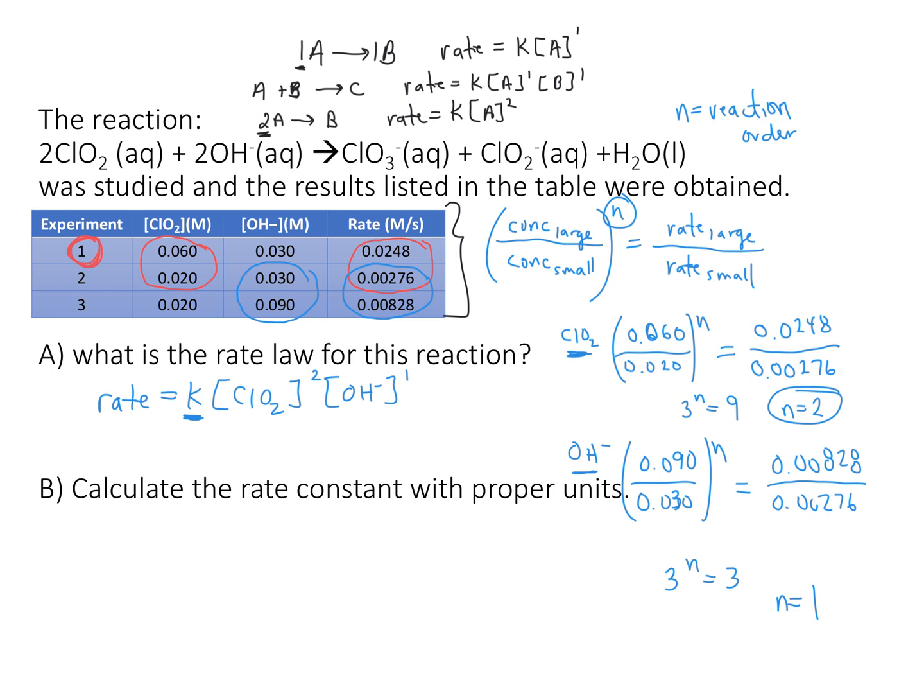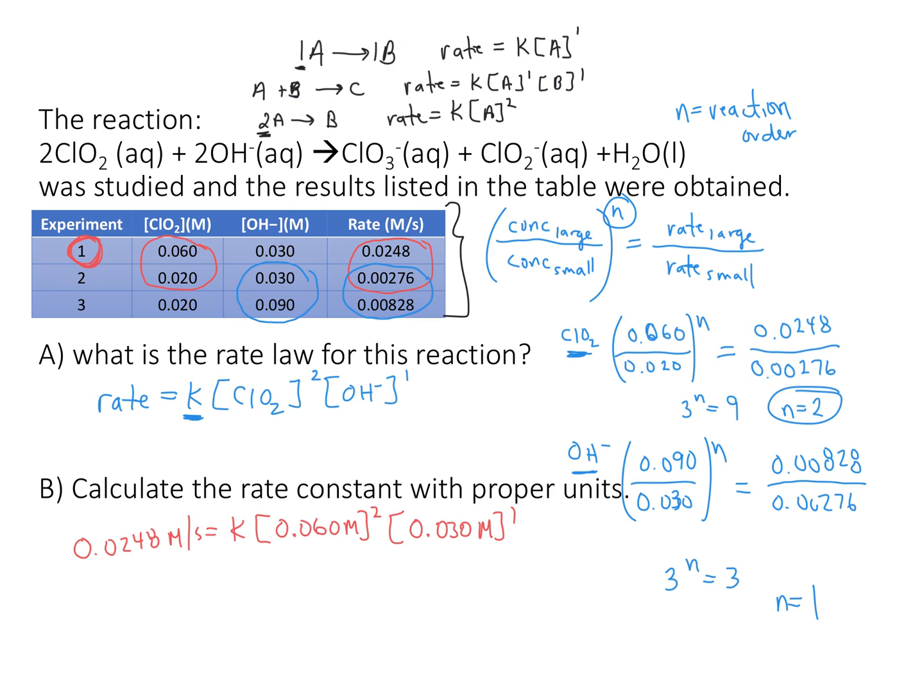In experiment 1, we want to use all of those values to basically say, okay, I've got a rate of 0.0248 molar per second. That equals my rate constant that I don't know. When my concentration of chlorine dioxide is 0.06 molar squared, my concentration of hydroxide is 0.03 molar to the first.